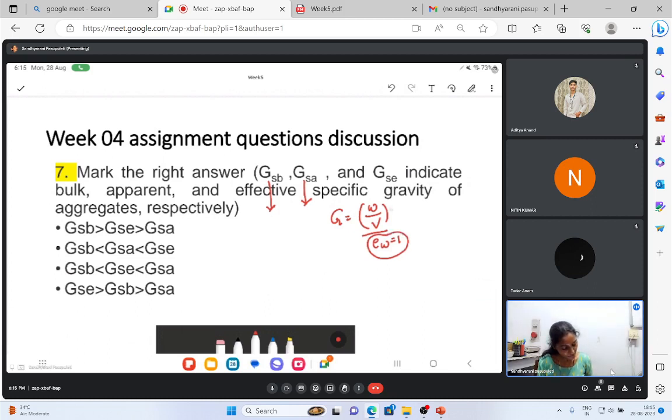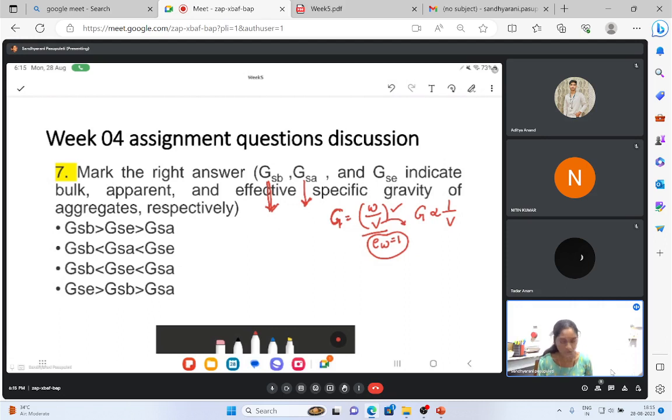Let us take the numerator, weight by volume. If the G value is to be high, volume should be low. That means specific gravity is inversely proportional to the volume of the aggregates. The volume considered in Gsa, the apparent specific gravity, is only the aggregate volume. The bulk specific gravity is the aggregate volume plus the voids or pores that are filled with water.